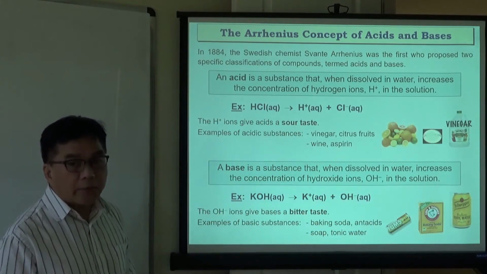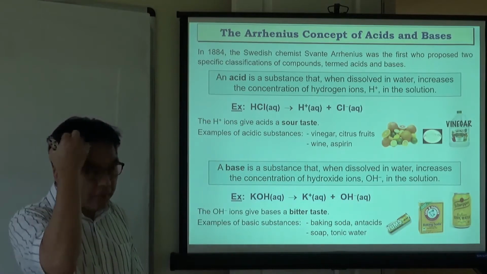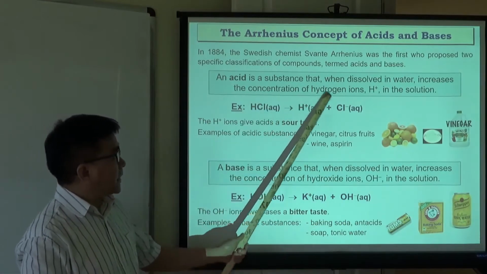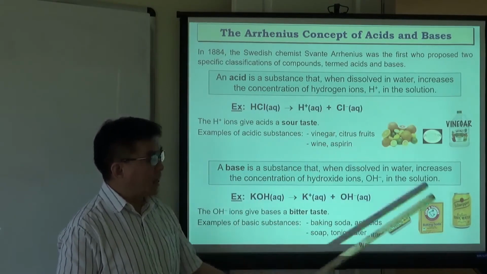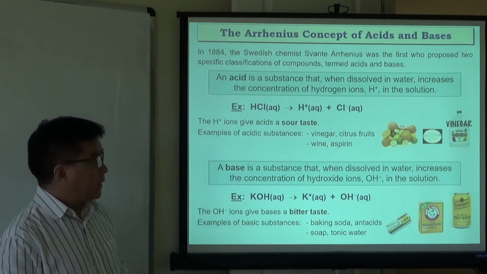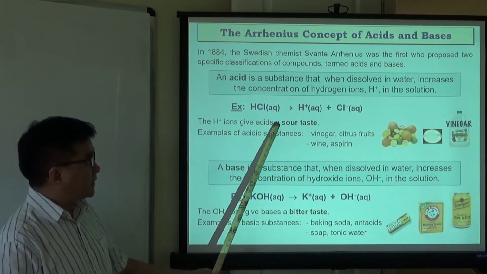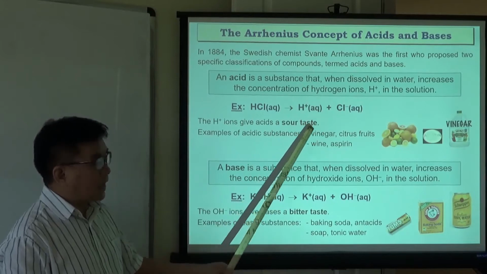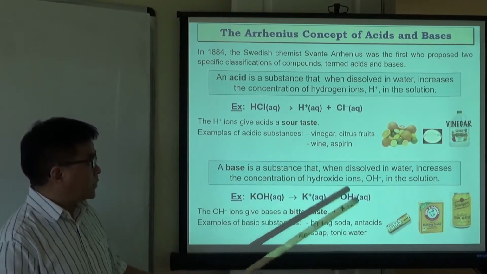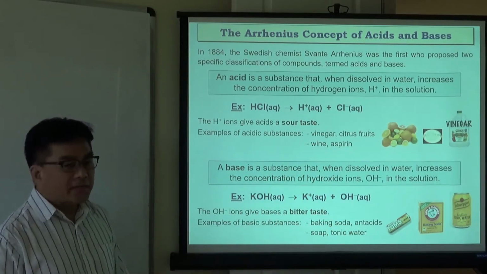According to Arrhenius' classification, an acid is a substance that when dissolved in water increases the concentration of hydrogen ion in the solution. For example, hydrochloric acid in solution dissociates to produce hydrogen ions, so therefore it is an acid.